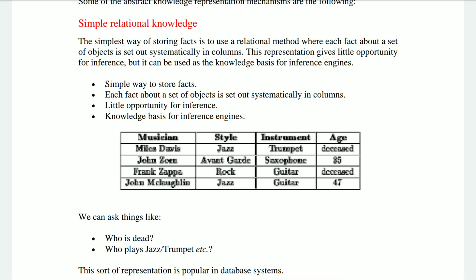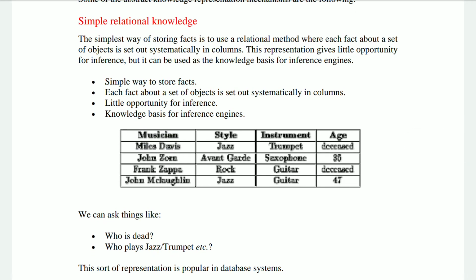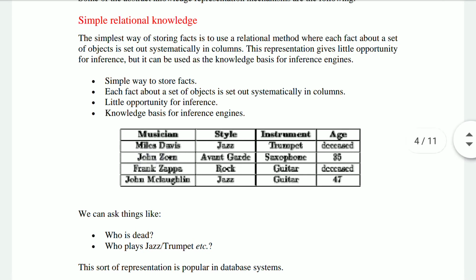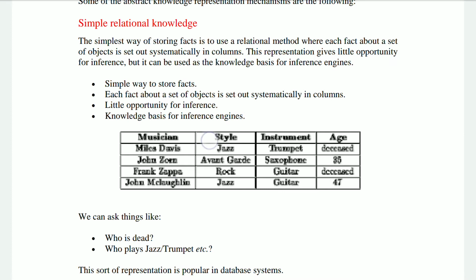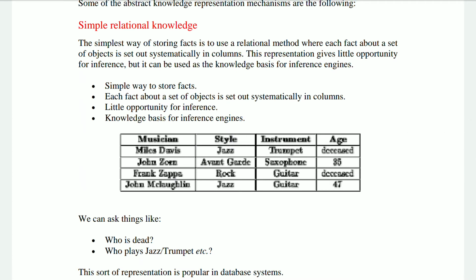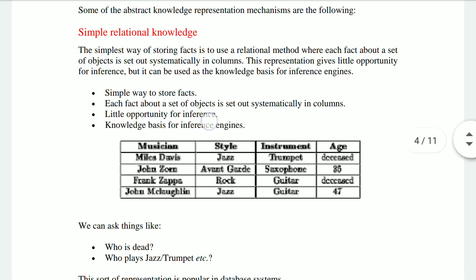Let's say I have the fact as musicians, a particular musician like Mike or John or Frank or another John, their style, the way in which they play the music, the instrument that they play, and their age. Now what is the third quality? They give little opportunity for inference.